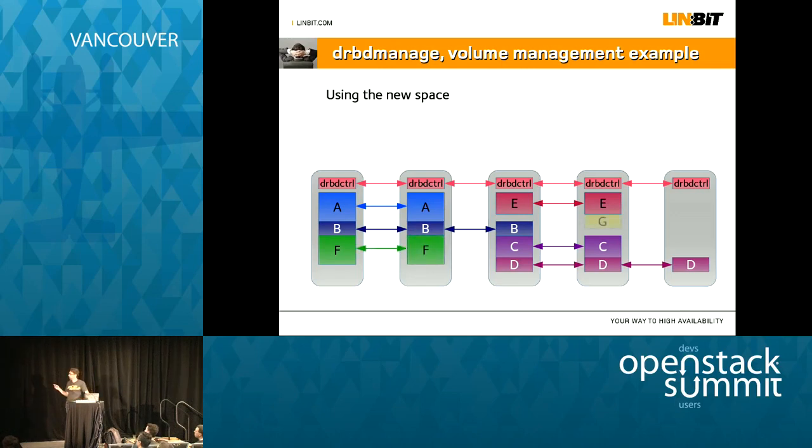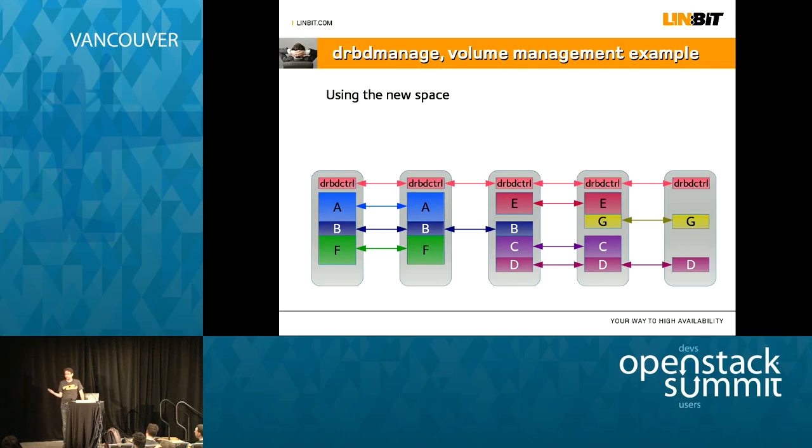One thing to mention here, unfortunately I don't have an animation for that. When you lose a node, when it goes down, DRBDManage does nothing, because all the data is available. And it needs outside knowledge. Will this node ever come back, or is it gone forever?